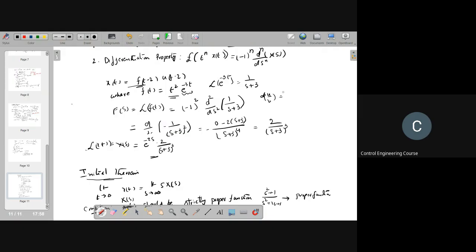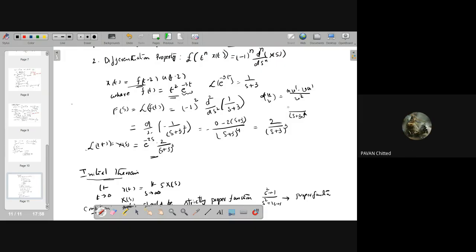If it is like this, then 1 by v: keep the numerator constant, u v dash minus v u dash by v square, right? Here s plus 3 is the s plus 3 whole power 4 over 9. Here we are keeping the numerator. Is it correct?